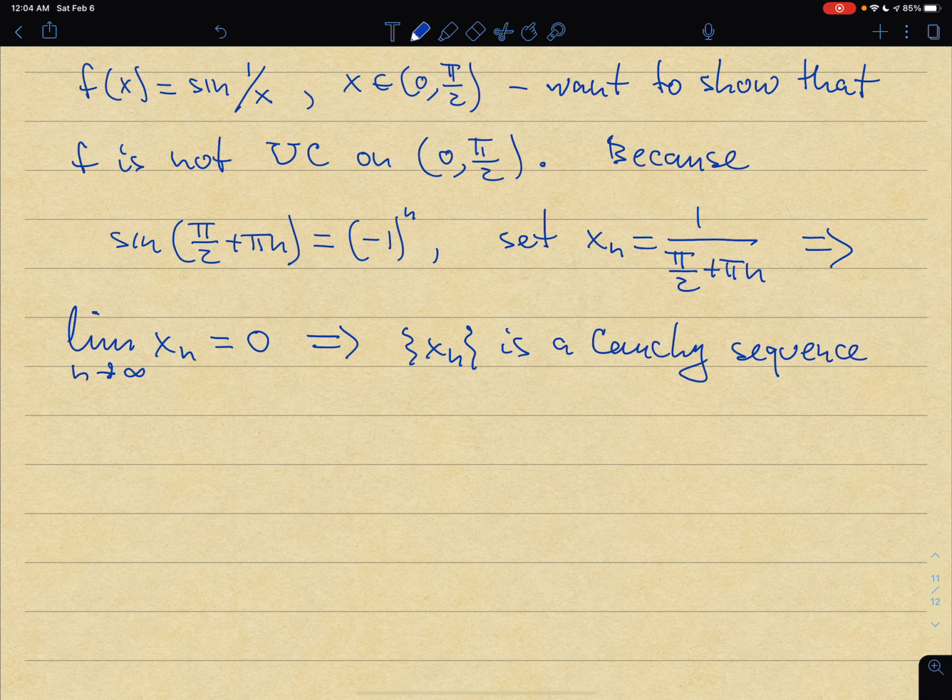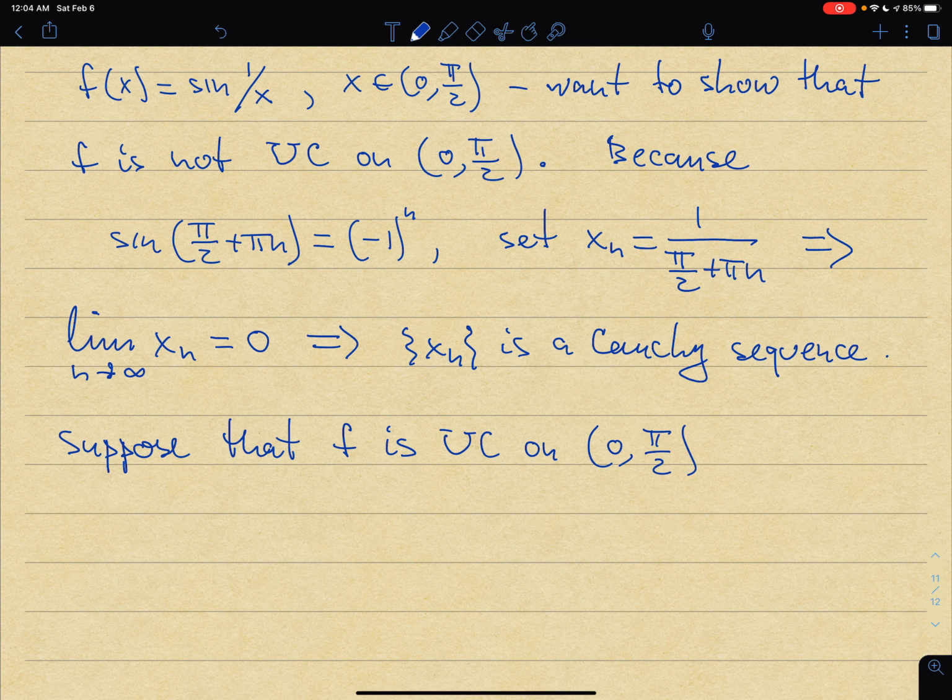Right? So now let's suppose that f, our sine of 1 over x, is uniformly continuous on the interval from 0 to pi over 2. Certainly it is continuous on this interval, because if x is not equal to 0, then sine of 1 over x is a continuous function.